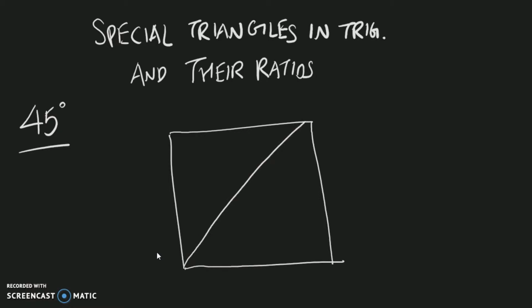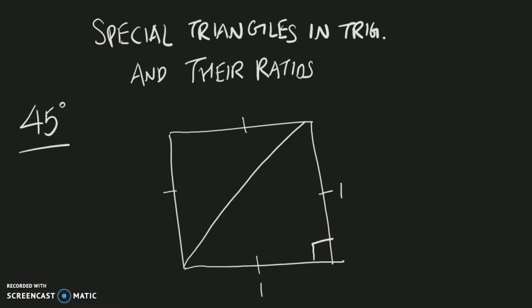As you are aware, these sides are all the same. So the ratio of the bottom to the side is 1 to 1, because all the sides in a square are the same length. And in a square, this is a right angle.